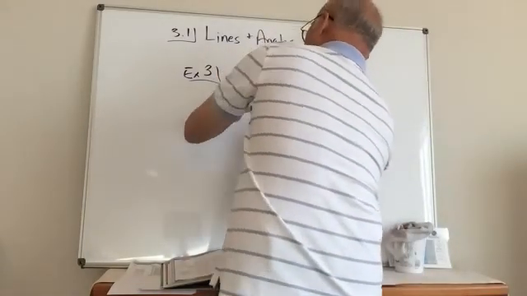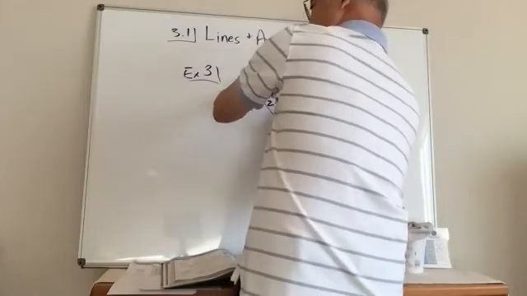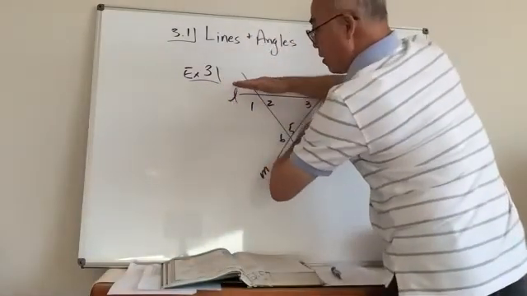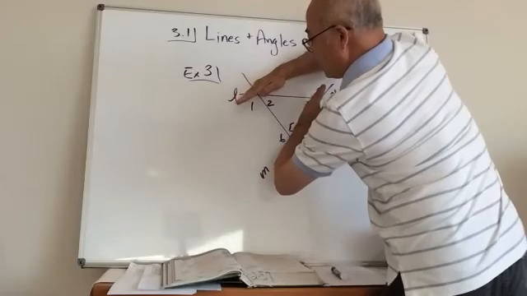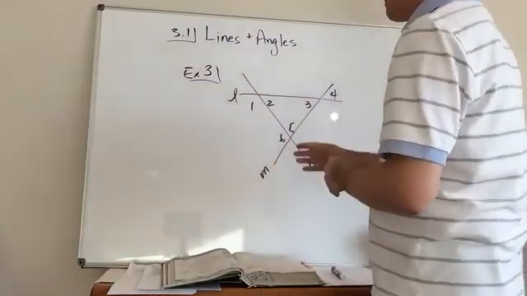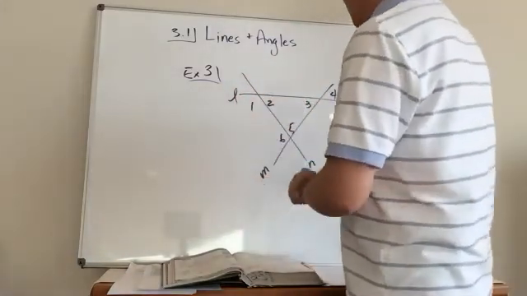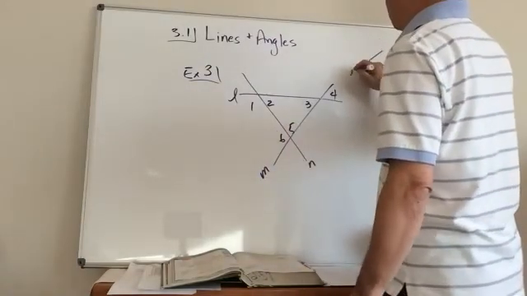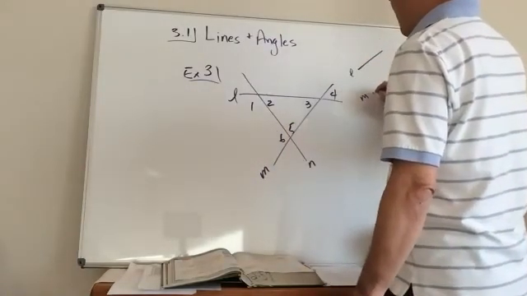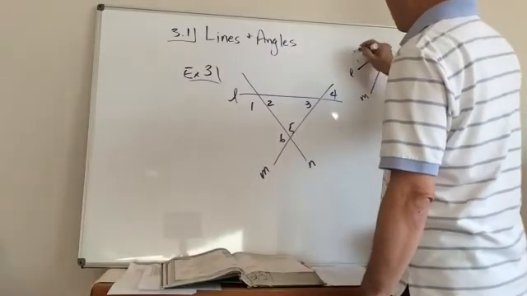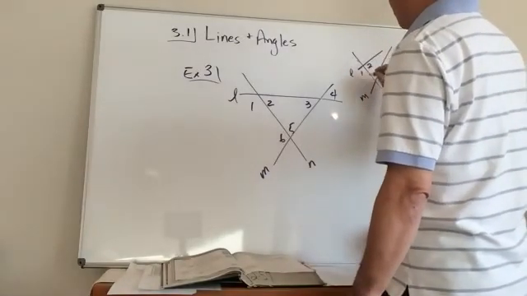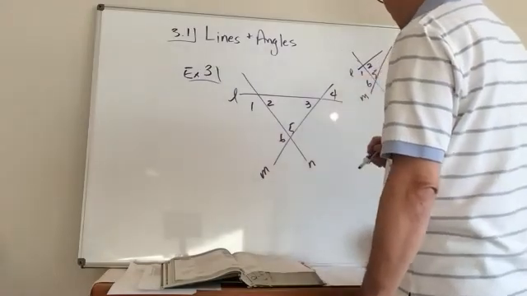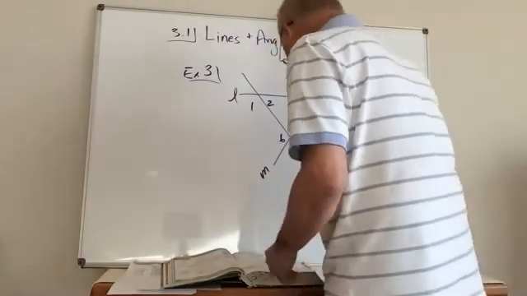So it actually had two lines like you had before. Then it becomes a little easier to look. You would have L and you would have M, right? And you had the transversal here, so 1, 2, 6, and 5, right? And they want to know what 1 and 5 are.